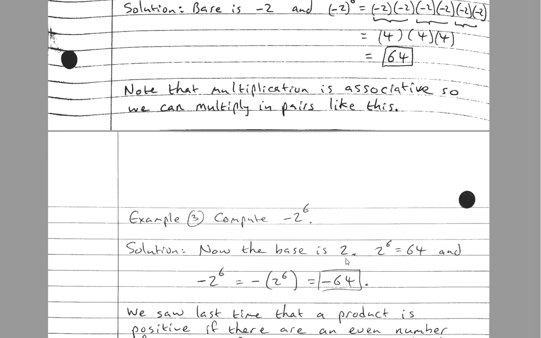That's the same number, 64. 2 times 2 times 2 times 2 times 2, 6 of them. And then we need the opposite of that number. So the opposite of 64 is negative 64.